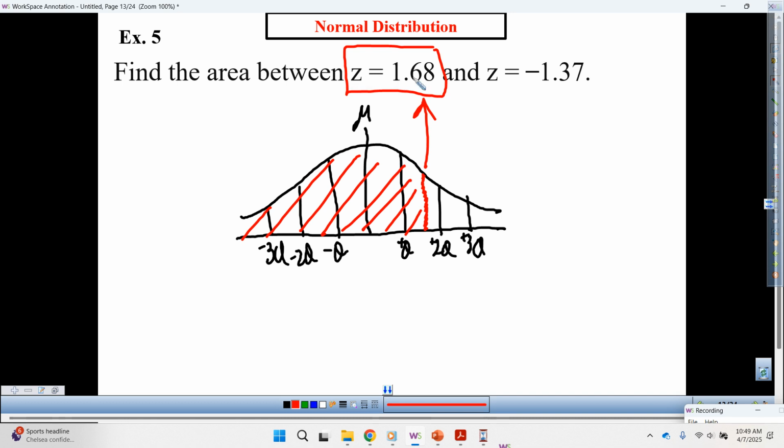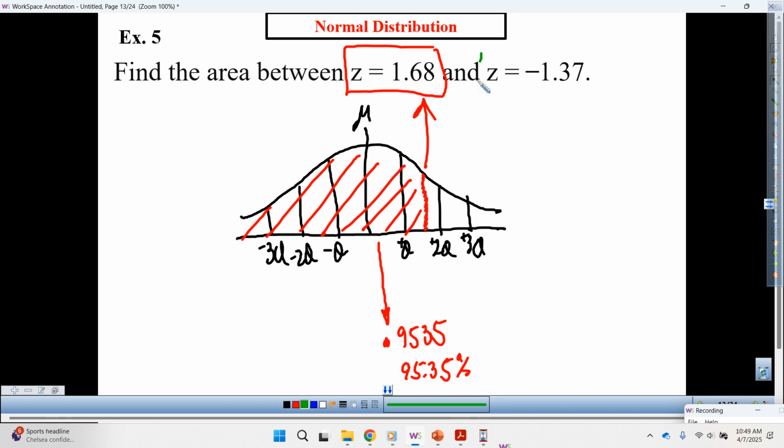All right, Alessandro, what decimal did you find for 1.68 on the right side? 0.9535. Okay, so that's 95.35%.